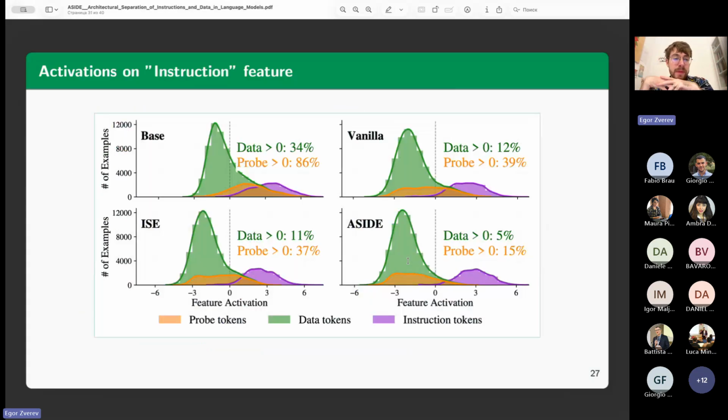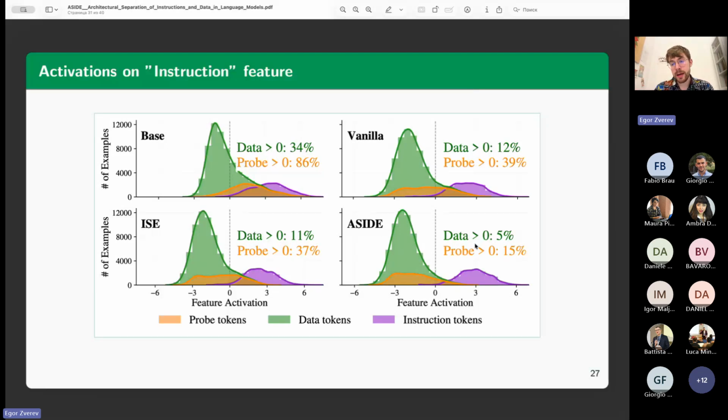And this is not just a cherry-picked example. So here you have activations of various instruction and data tokens across the whole SEP data set. And we can see that, for instance, for the base model, which is the pre-trained one, the probe gets mistakenly treated as instruction in 86% of cases, while for vanilla and ISE, this decreases to about 39 to 37%, which again means that both of them actually help the model to better differentiate between instructions and data.